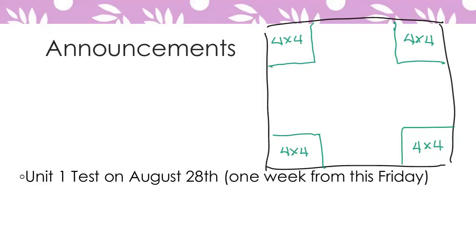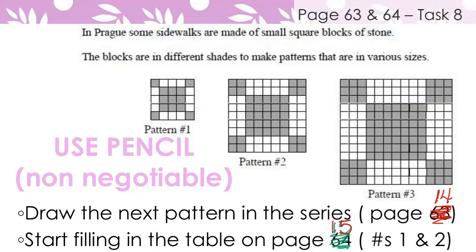And what about the middle square? What is it? 10 by 10, because pattern 1 on the middle one is a 3x3.